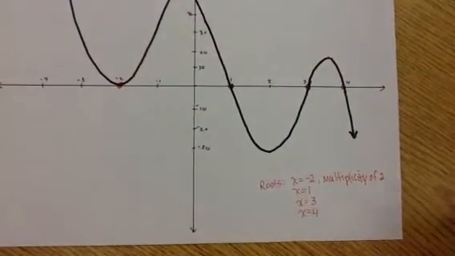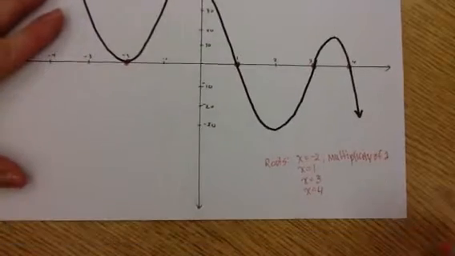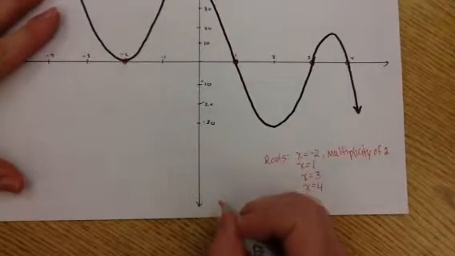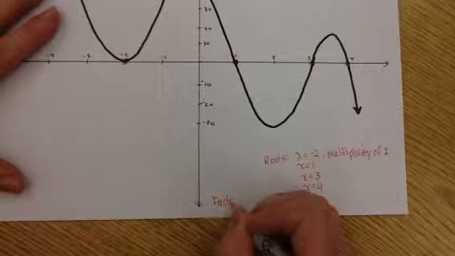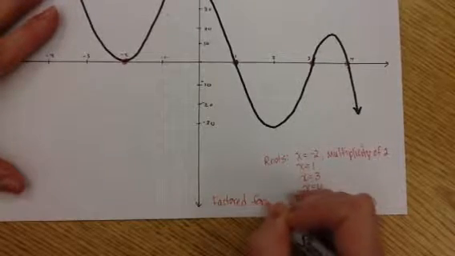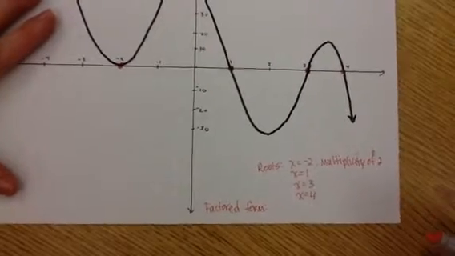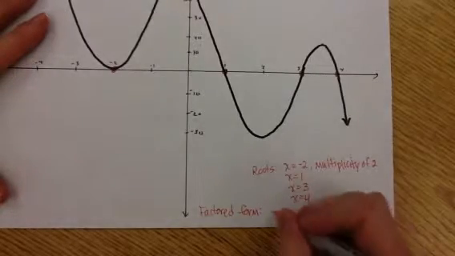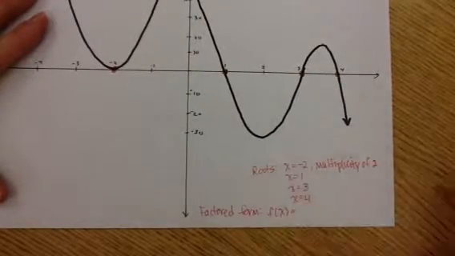So we can actually take these roots and we can build this function into its factored form, by taking each of the roots, x equals -2, and getting that back into its factored form.